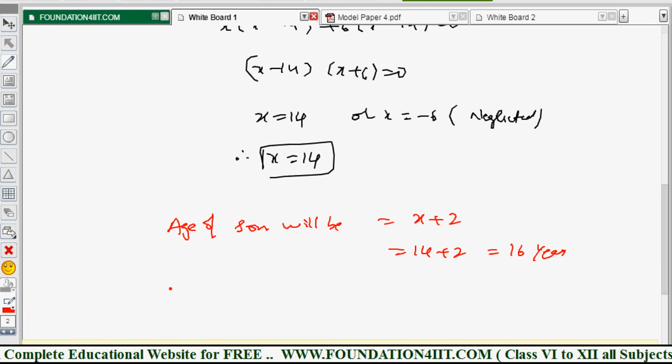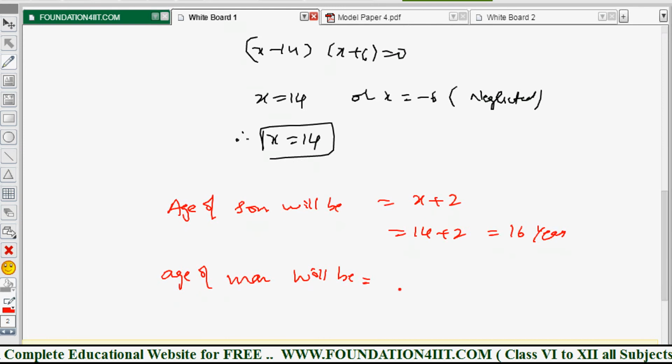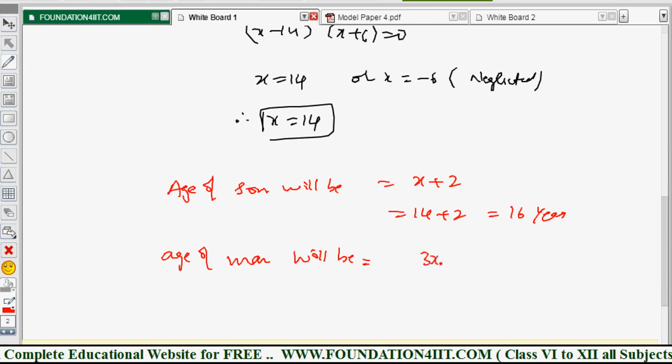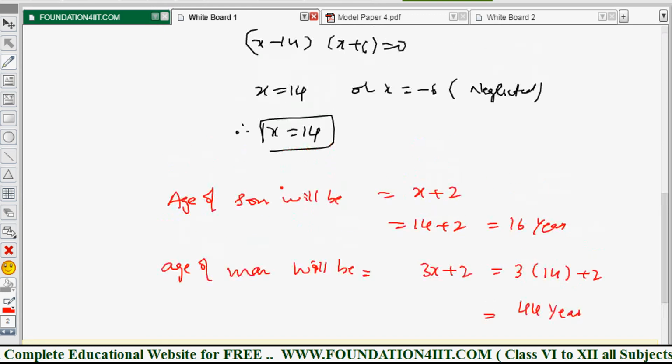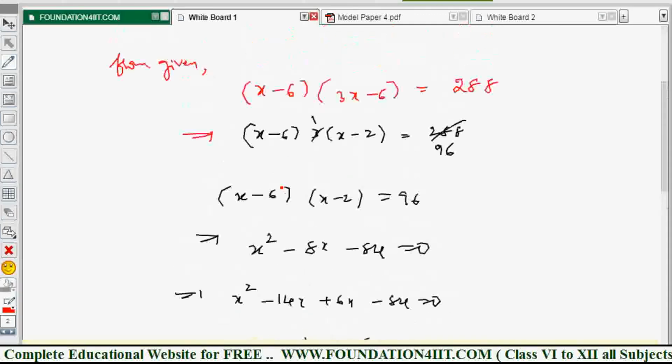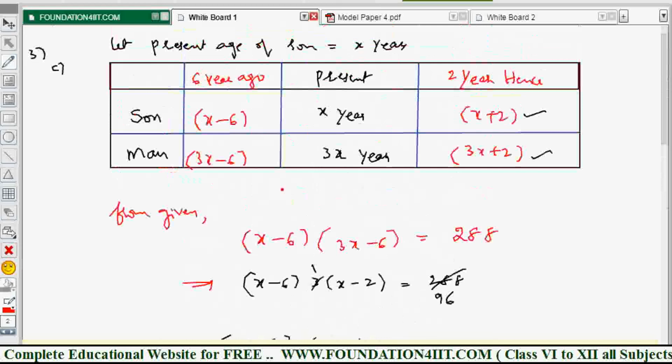And the age of the man will be 3x plus 2, that is 3 into 14 plus 2, that is 42 plus 2, which is 44 years. So this is the age of the son and the age of the man. By taking these conditions, you can solve in this way. If you make tables, you can find it easily instead of making mistakes. Okay, this is question number 3.